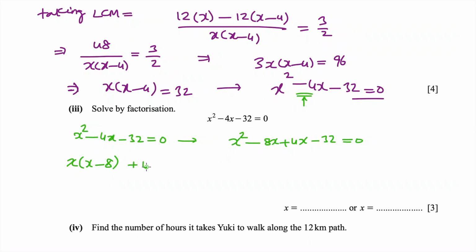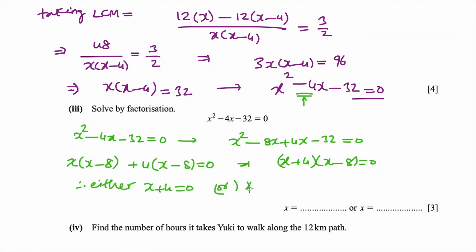And then again from these two, I'll take 4 common. That implies x plus 4 into x minus 8 is equal to 0. So therefore, either x plus 4 is equal to 0 or x minus 8 is equal to 0. So either x is equal to minus 4 or x is equal to 8. So the two answers are minus 4 or 8.